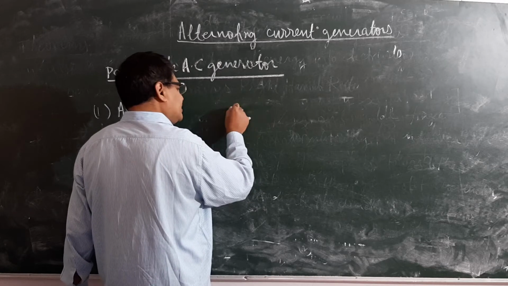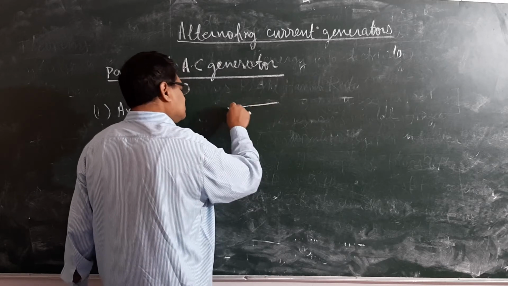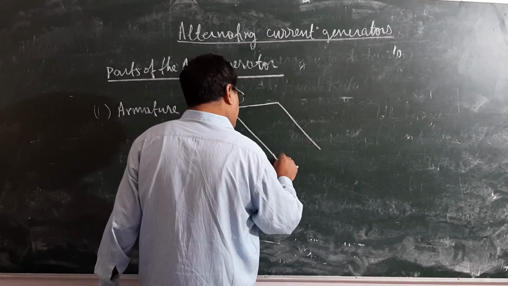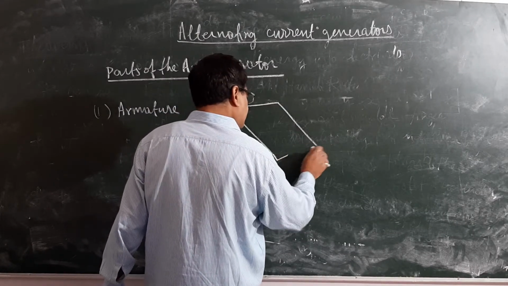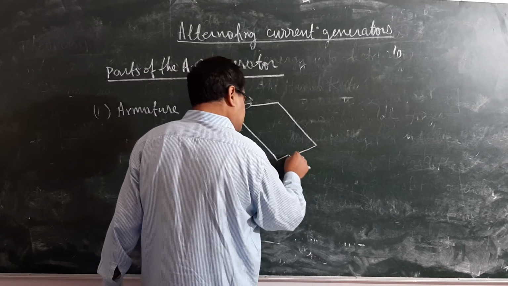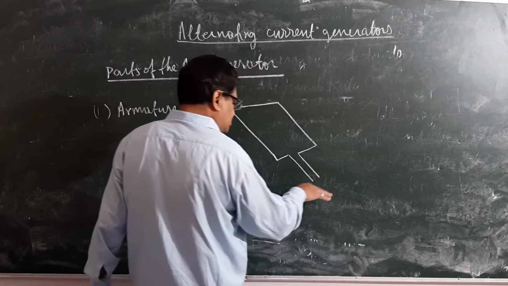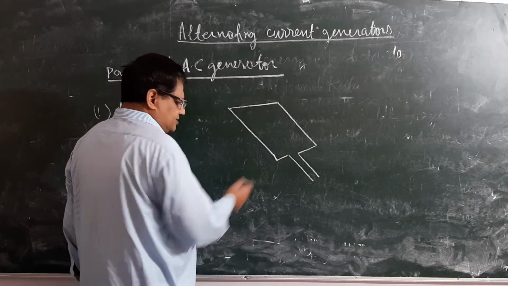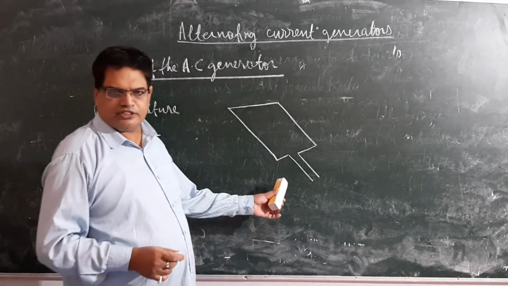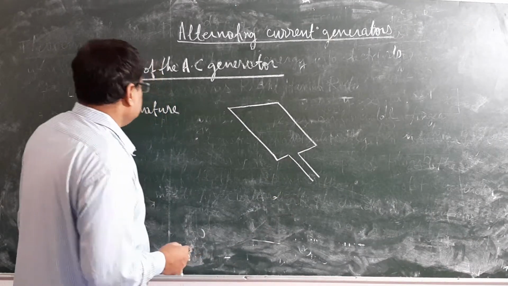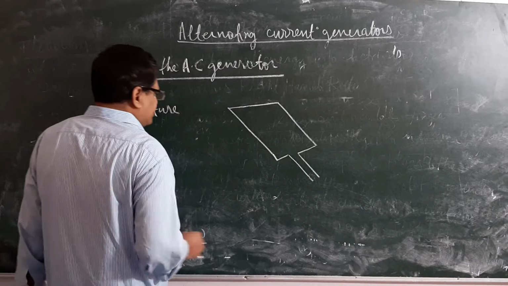It can be drawn like this. I am drawing only a single coil, but there are several turns in this coil. There are two terminals which come out of this coil, and this is the portion where the current is drawn out. So this is the armature.